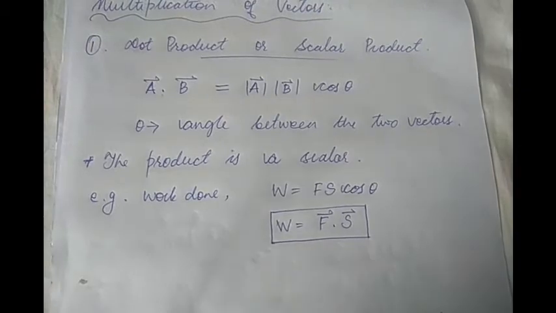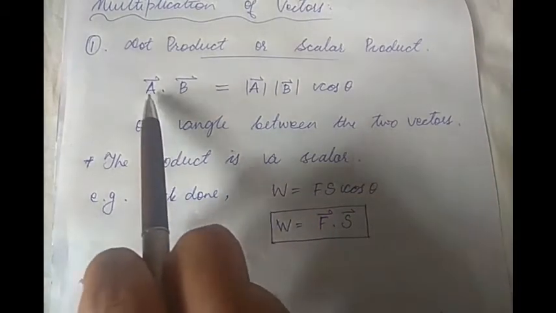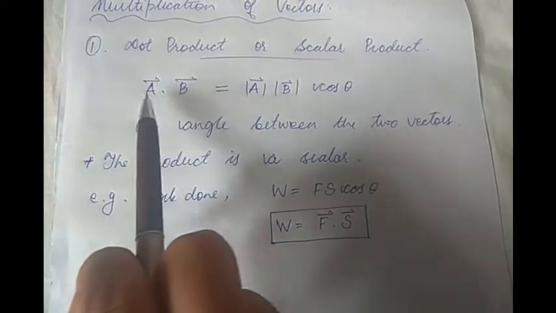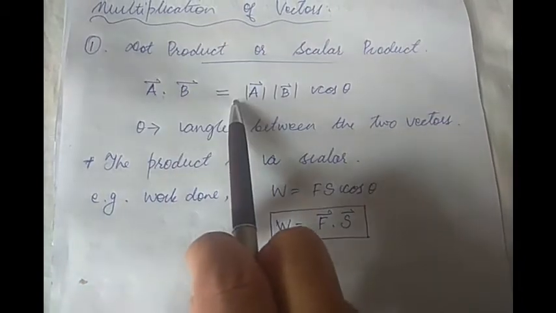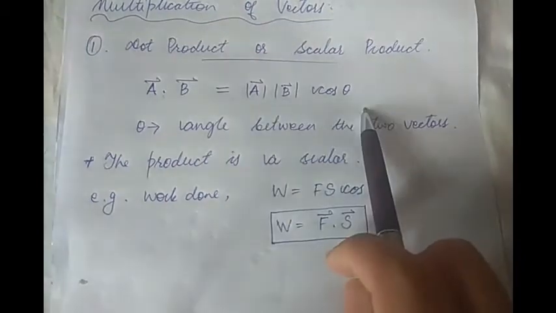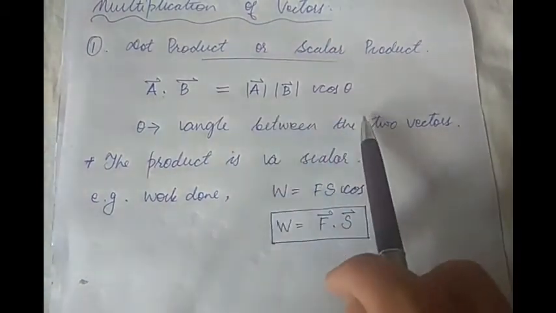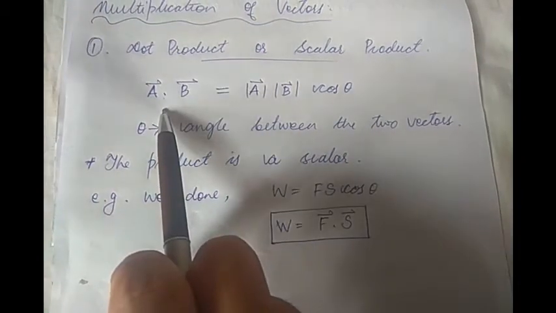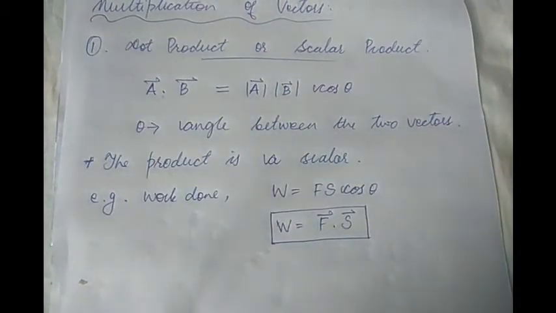Now when we find the dot product of two vectors, a dot b, the product that you get is a scalar. You have to understand this clearly. We are multiplying two vectors and getting a scalar.